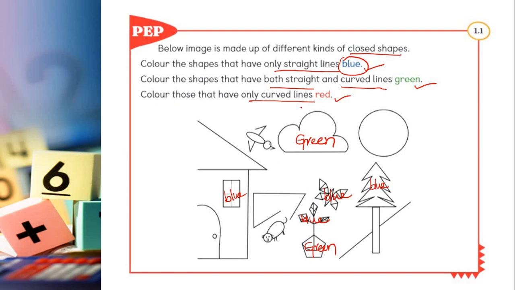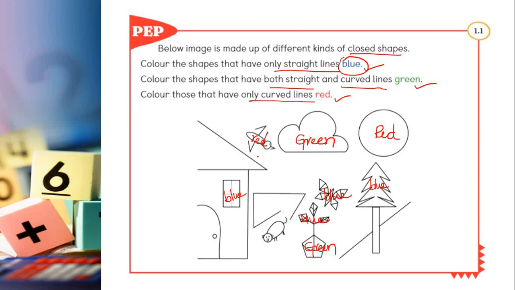Next, color those that have only curved lines. Find out the shapes, children, that have only curved lines, and you have to color them with red. This is the shape with only curved lines, and here also there is one with only curved lines.